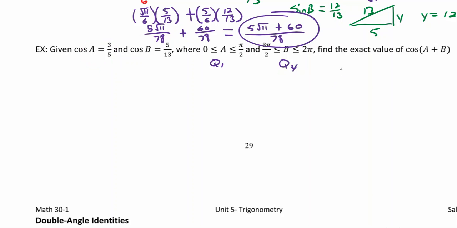If I make my first quadrant, then angle A is going to be over here. Looking at A, 3 is going to be my x value, so that's the value down here.